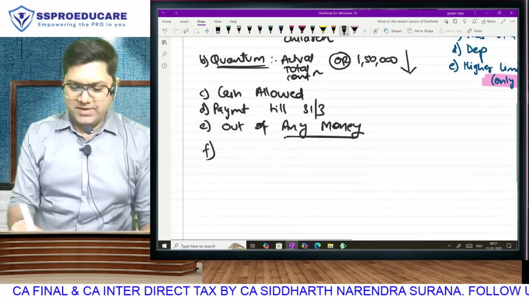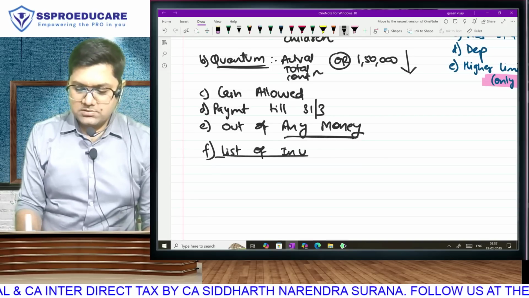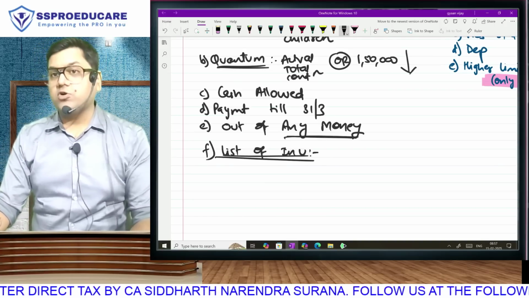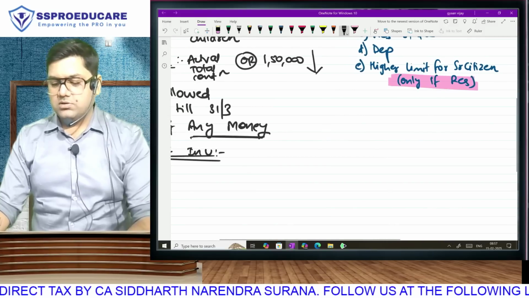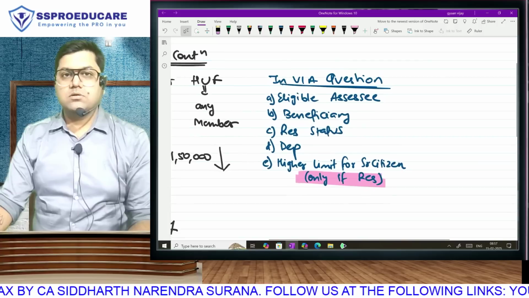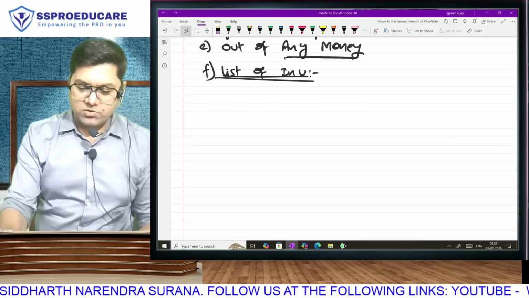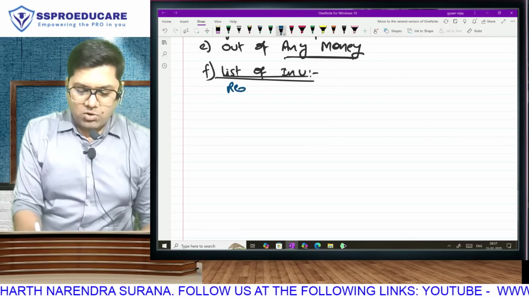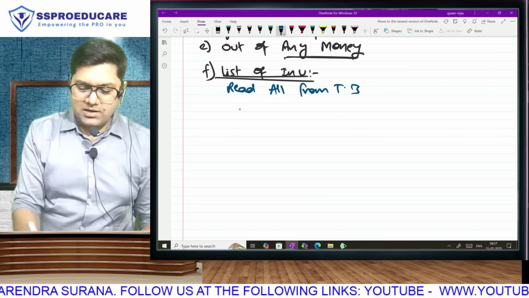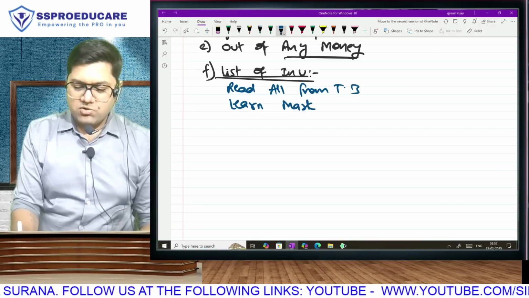And last, basically the list of investments. As I clearly told you, this is not what you will be tested on. You are going to be tested on this part. Correct? So you don't have to memorize the list by heart. What you have to do is read all from the textbook and learn the ones which I am making you mark now.